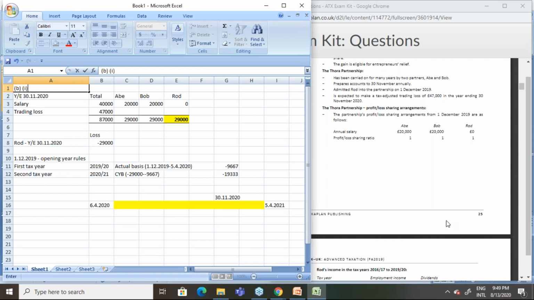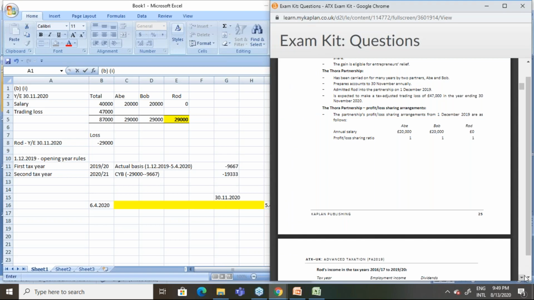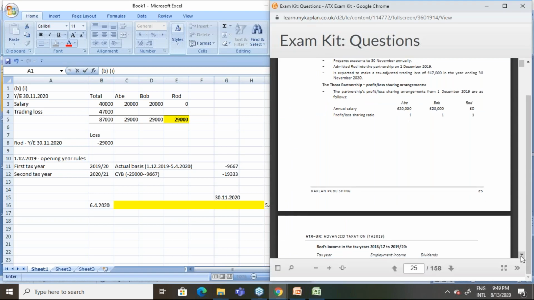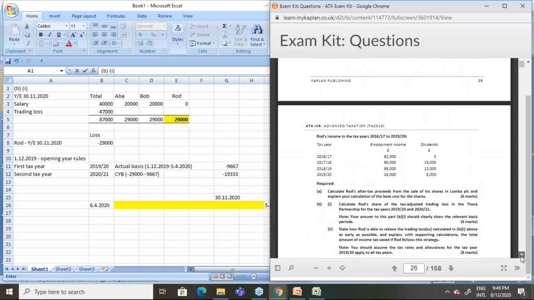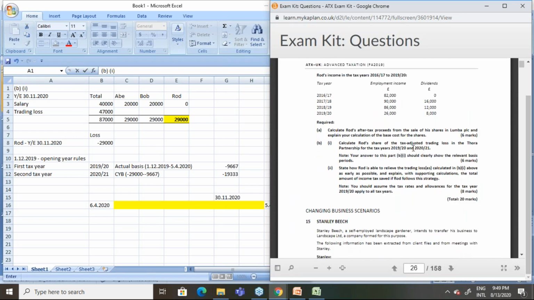So this is the answer to B, Roman 1. So it's just a matter of applying the basis of assessment rules. Share of tax adjusted trading loss is share of tax adjusted trading loss.